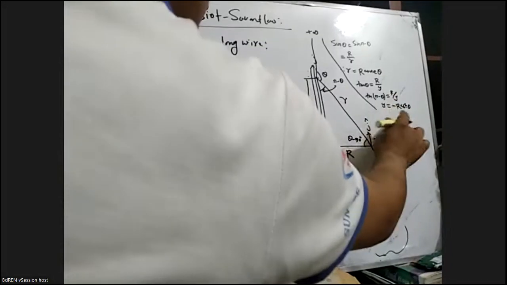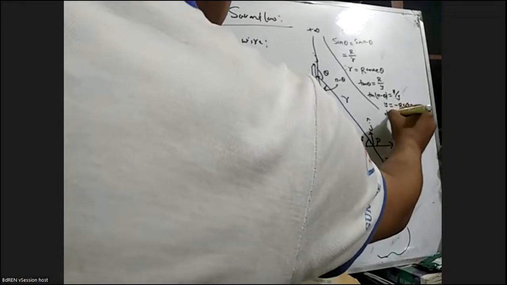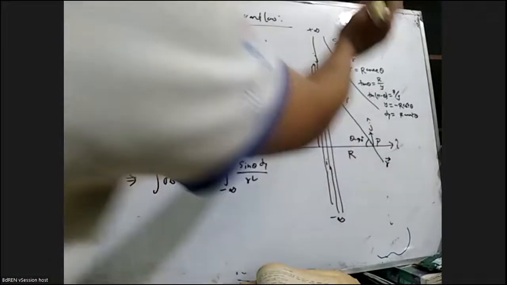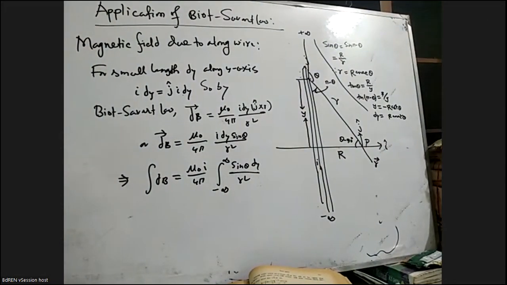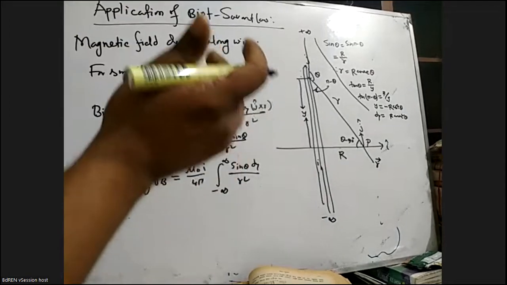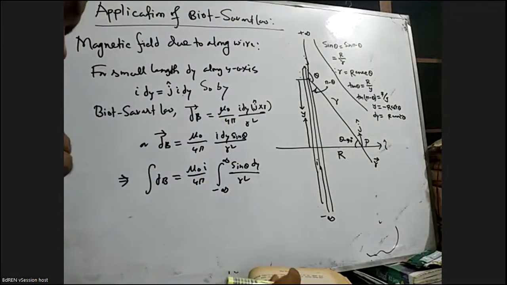And dy equals plus r cosec square theta, just by differentiating on both sides.